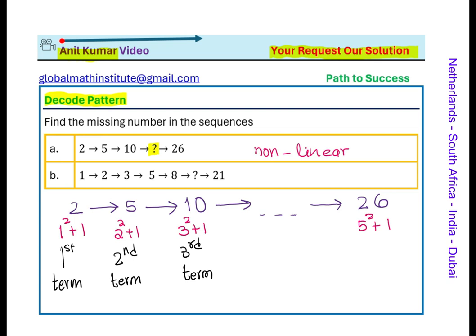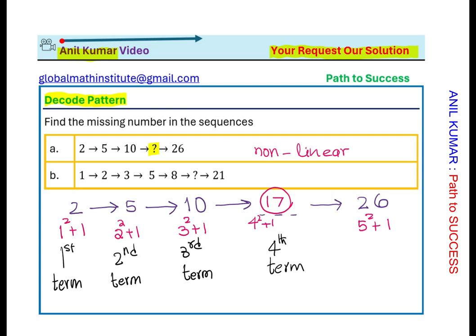Now, what should be the missing term? Obviously, it has to be the fourth term, and that is 4 square plus 1, which is 16 plus 1 as 17. So we get the missing term, and we know that term is 17, correct? So that becomes the solution for part A.